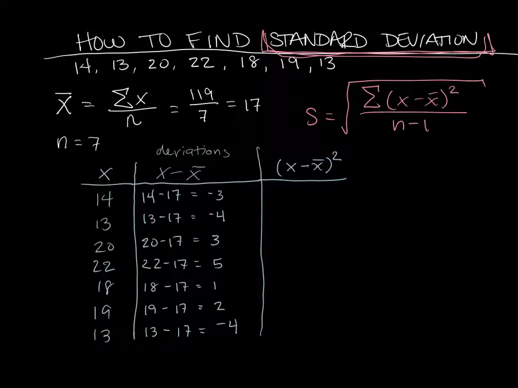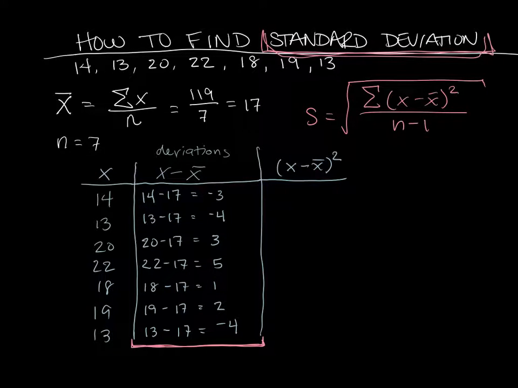Let's see what would happen if I took all of my deviations and added them up, meaning the negative plus another negative plus a positive, all of those, and divided by how many there are. Let's see what we would get if we just left it there. I'm going to put this at the bottom underneath it, just testing it out to see what would happen if we were just to add them all up and divide by how many there are.